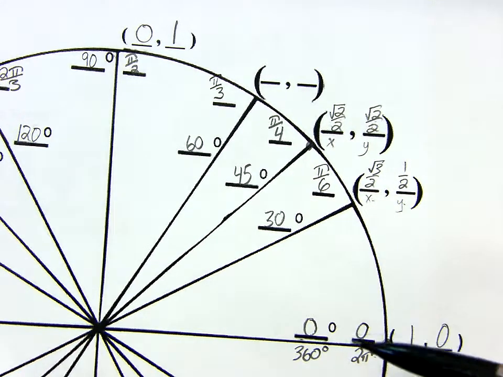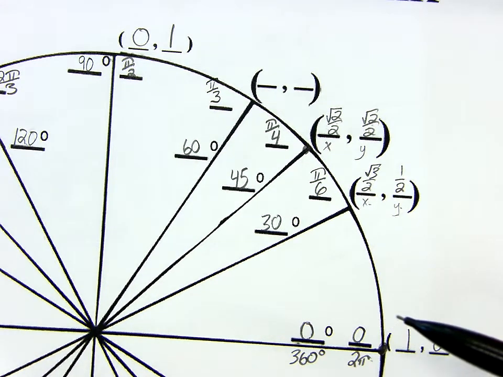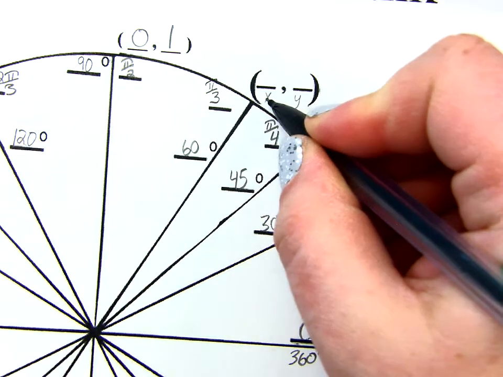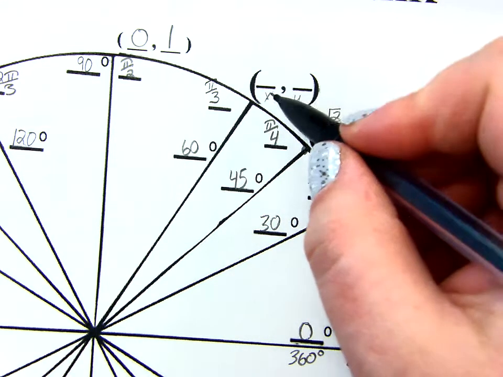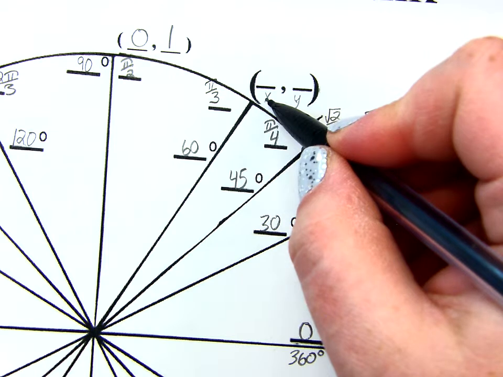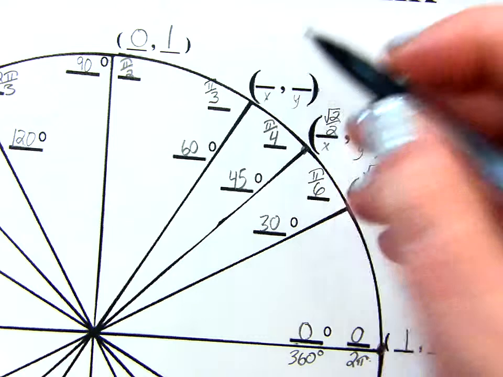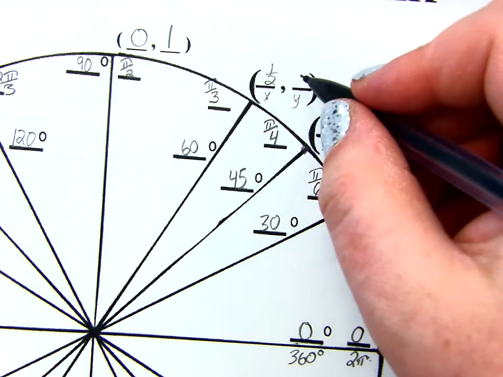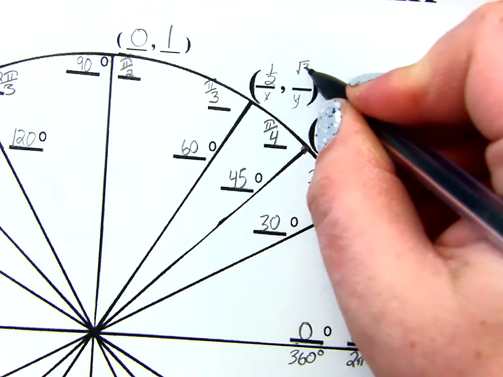And then I do the same thing for the 60 degree angle. Cosine is x, sine is y. So I need cosine of 60, 1/2. And then the sine is root 3 over 2.